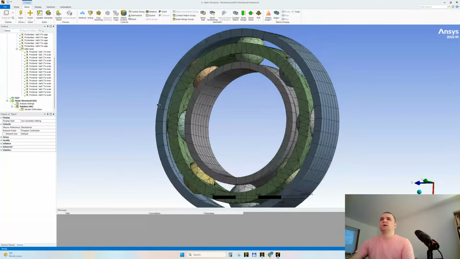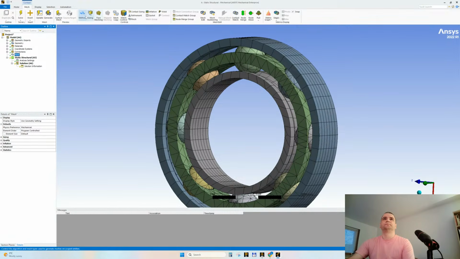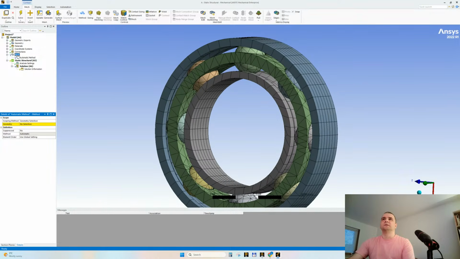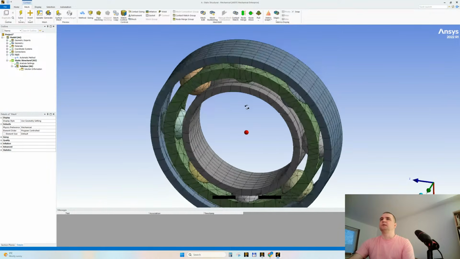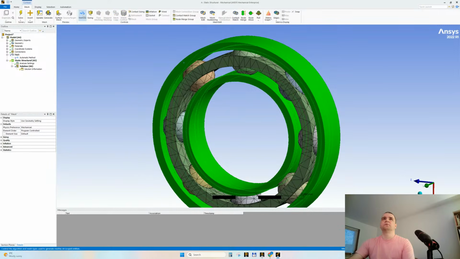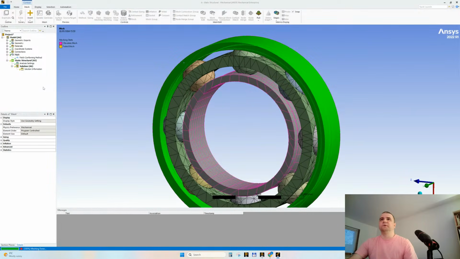Firstly, what I like is to have kind of the same meshing method. So I would like to change the races to be also tetrahedrons, because they are hexahedrons and everything else is tetrahedron. Let's change these two regarding the method to tetrahedrons. Okay. We will generate mesh again. It will be very coarse.